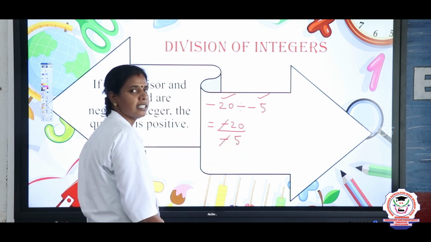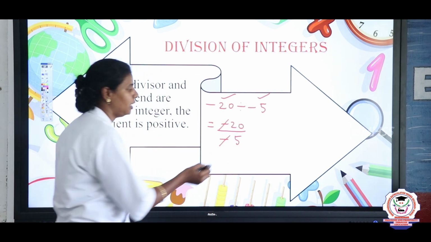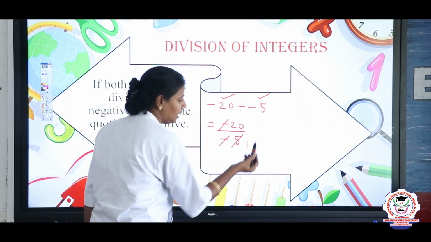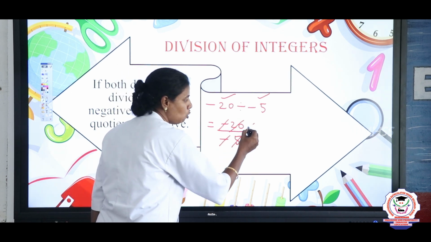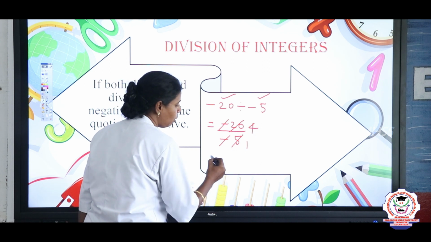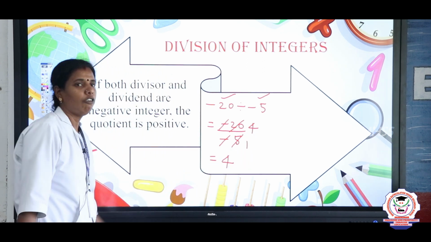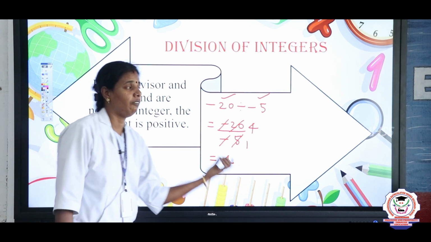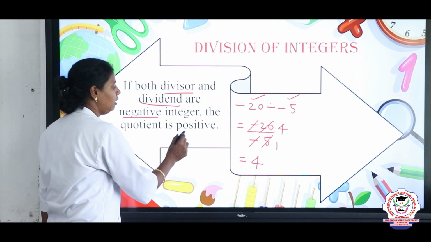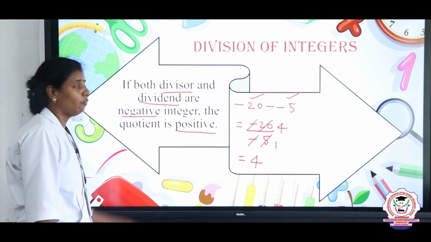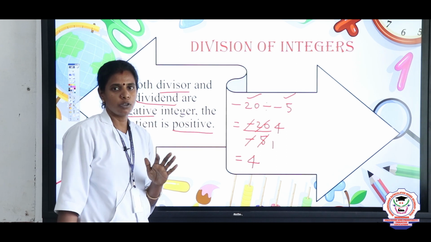Negative will get cancelled, and 20 and 5 are divisible in the 5 table. In 5, 1 time, and in 20, how many 5s are there? 5 4s are 20. So 4 by 1 can be written in the form of 4. 4 is a positive integer. When the dividend and divisor are both negative, the answer will be positive. When the dividend and divisor are both positive also, the answer will be positive, right?